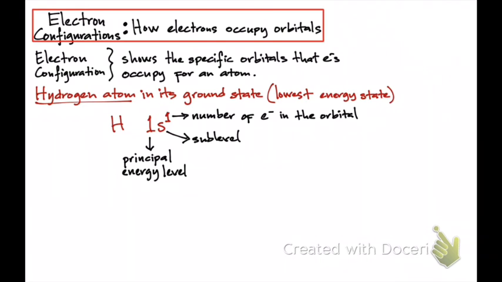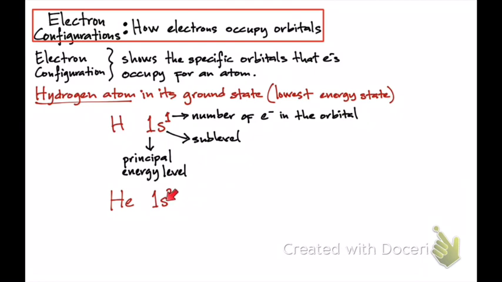So let's look at a second atom here, helium. We know that helium contains 2 electrons because the atomic number is 2. This is the symbol for helium, and this is the electron configuration for this element. Again, in its ground state, you have 2 electrons. We have the first energy level, and within the first energy level, you have the sublevel.